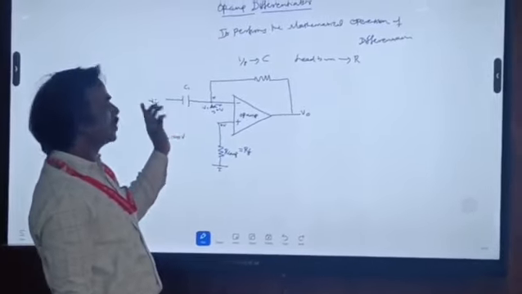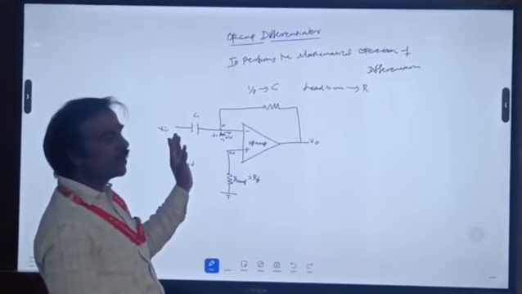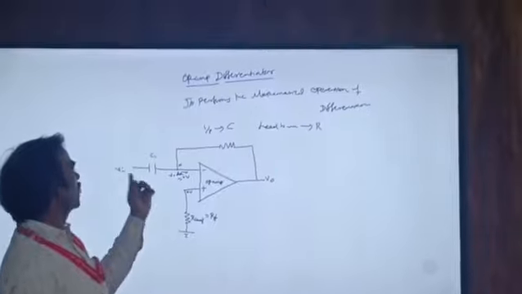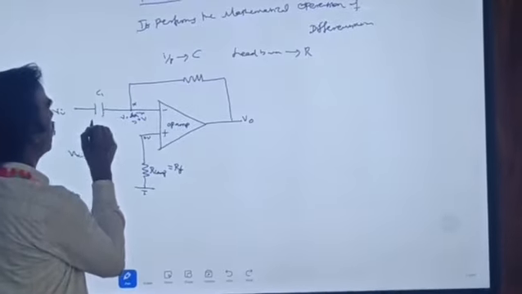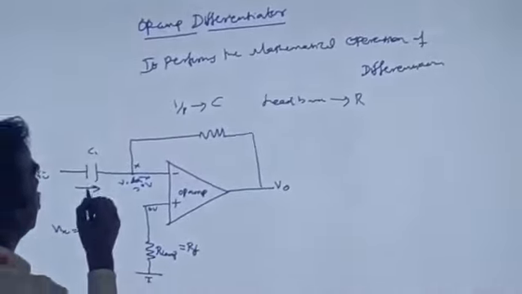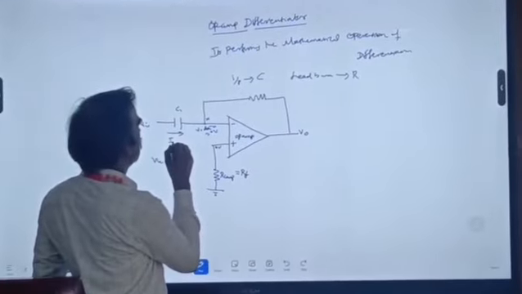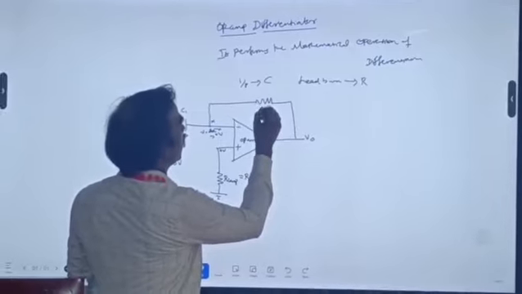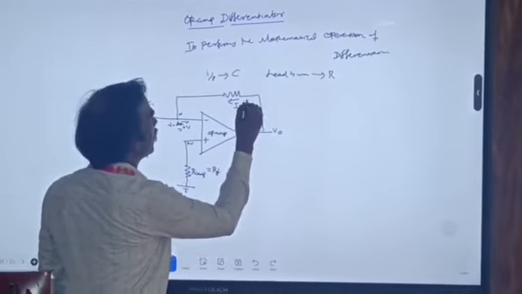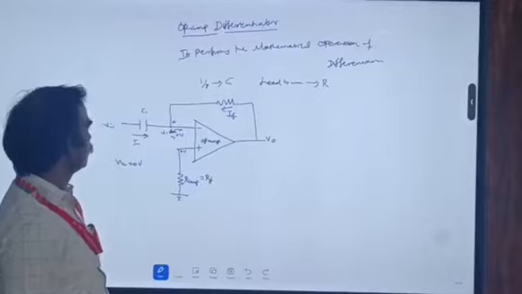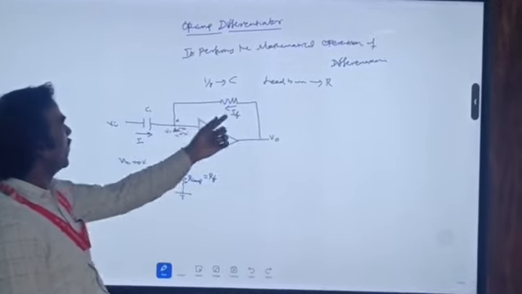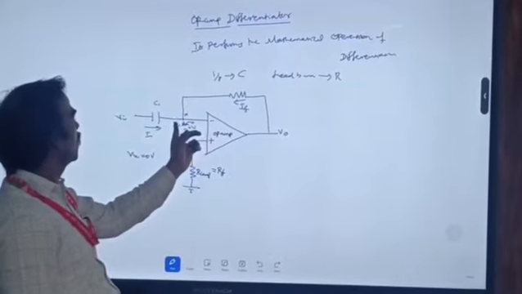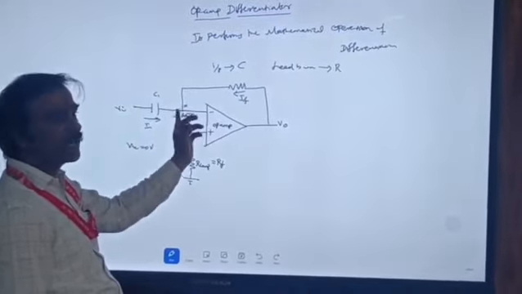Usually the current flows from higher potential to lower potential. Here we have 0 volt, so the current flows in this direction. Now let's apply the current equation: the current entering the node will be equal to the current leaving the node.